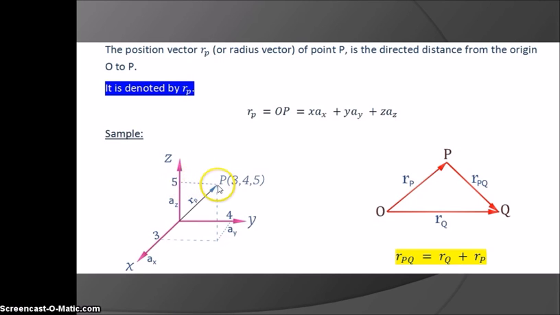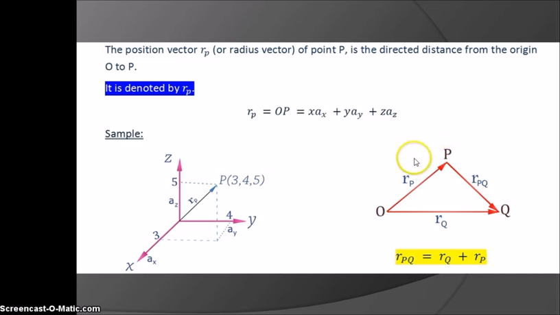So since this is a point right here, P, you trace where it meets the Z axis, where it meets the Y axis, and where it meets the X axis. The intersection, which is this place right here, will give the position vector. Hope you understand that.